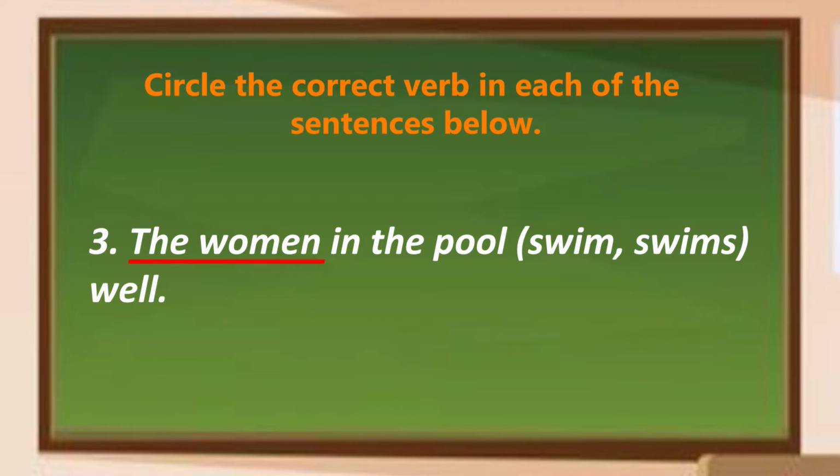It is the women. And this subject, is it singular or plural? It's plural. Therefore, the verb must be plural. Very good. And the plural verb is swim. Now let's read the sentence. The women in the pool swim well.